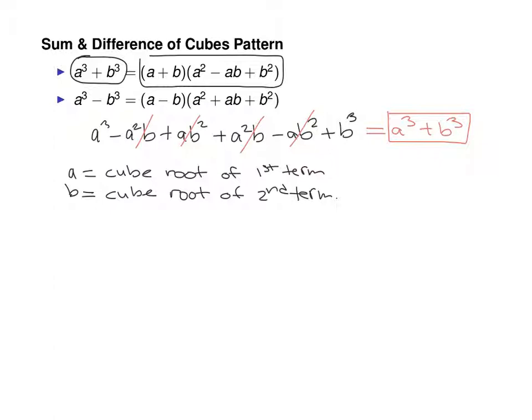If you have a formula that is a cubed plus b cubed, use the first one. If it's a cubed minus b cubed, use the second one. Your values of a and b will always be positive.